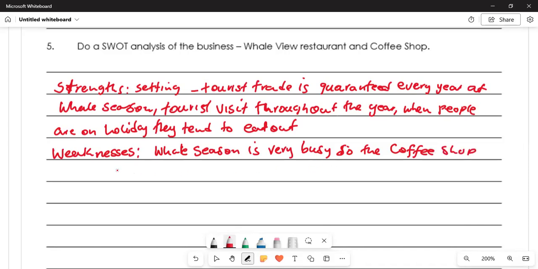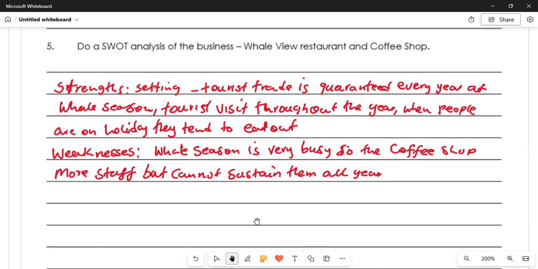They need more staff, but cannot sustain them all year. That is the weakness. So that is that. The owner has run a restaurant, but not in a small town.